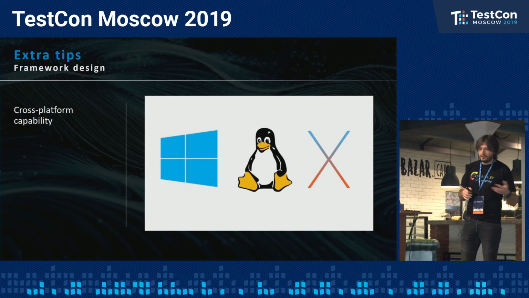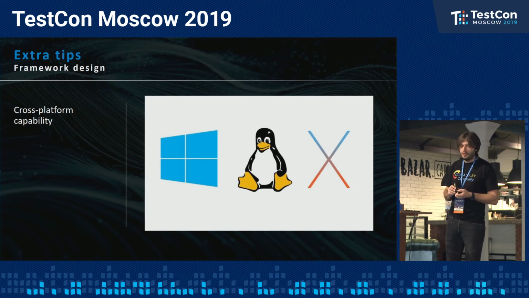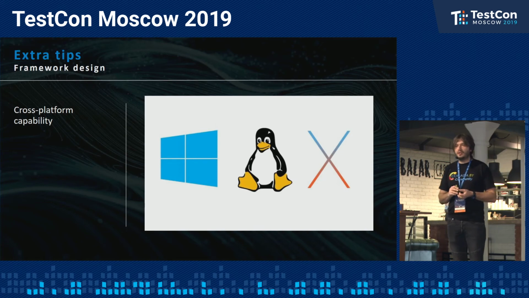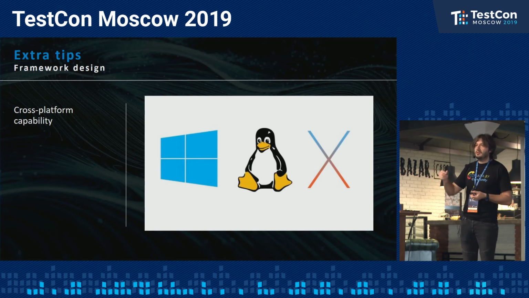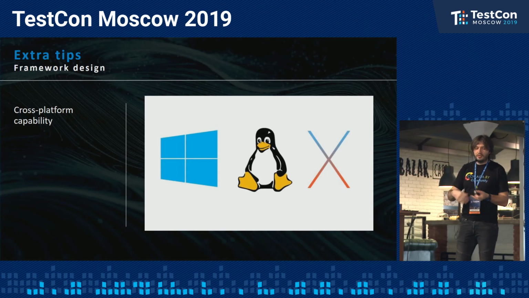I had to work with a framework that had been written before we got on the project, when we had to improve it, and it used a tool called AutoIt. What it does is control a Windows operating system.